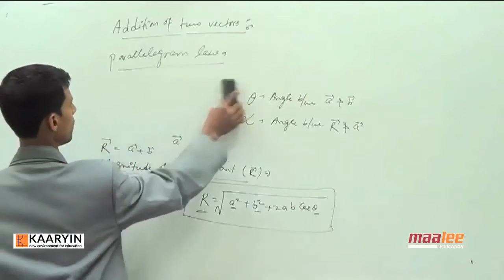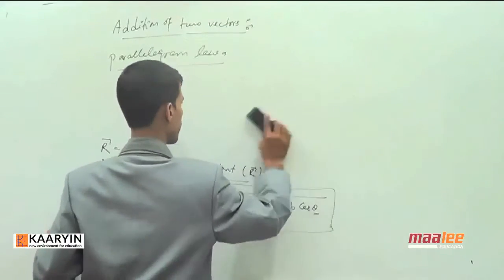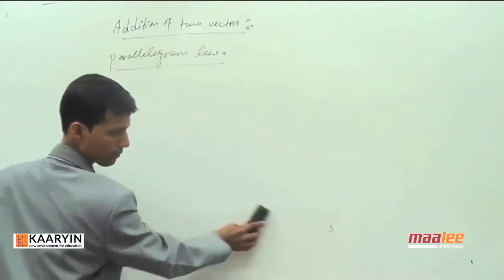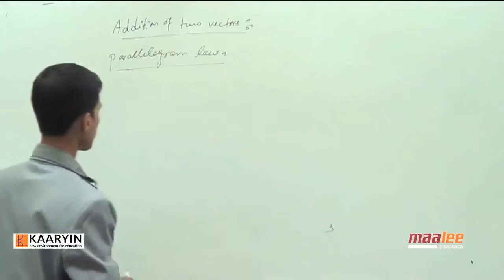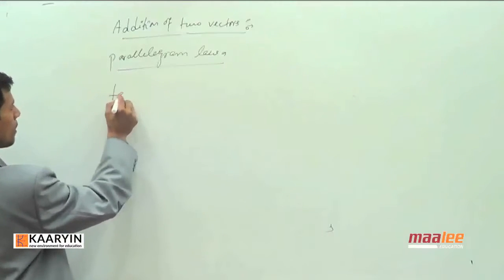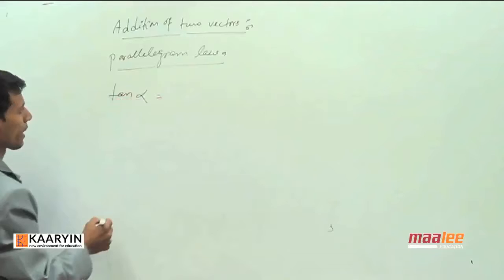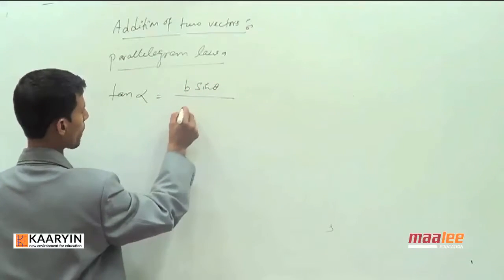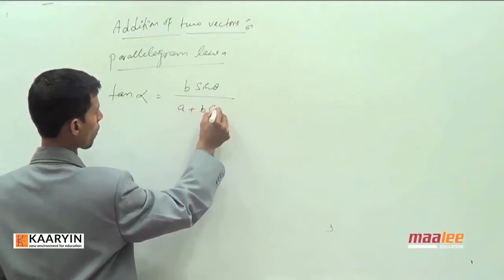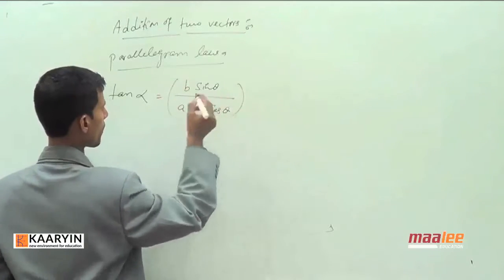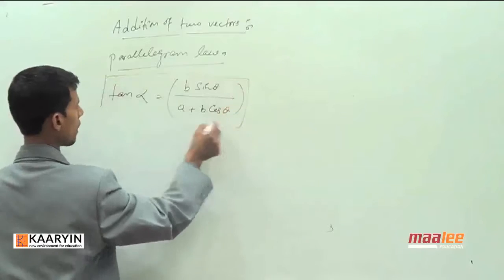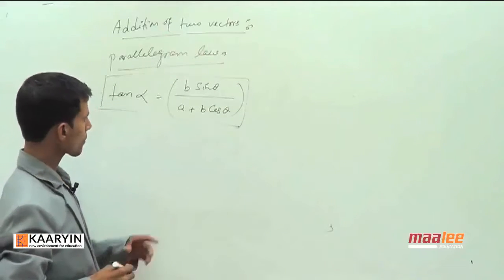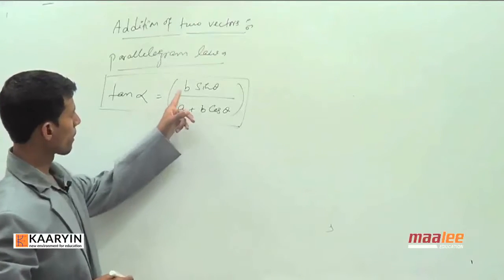If we have to find out my alpha, then tan alpha becomes B sin theta divided by A plus B cos theta.